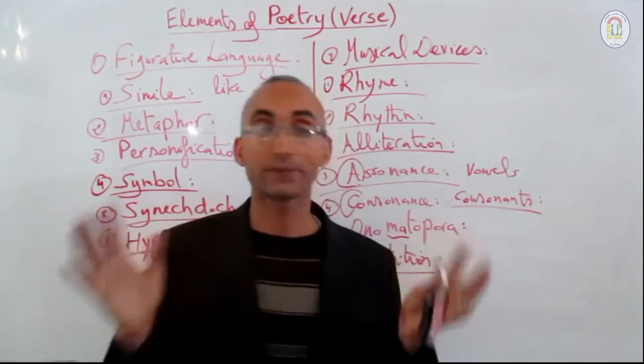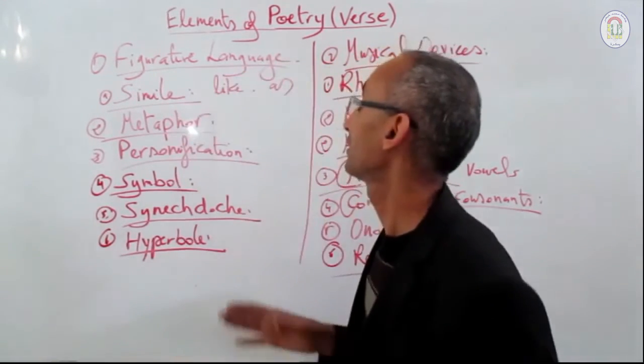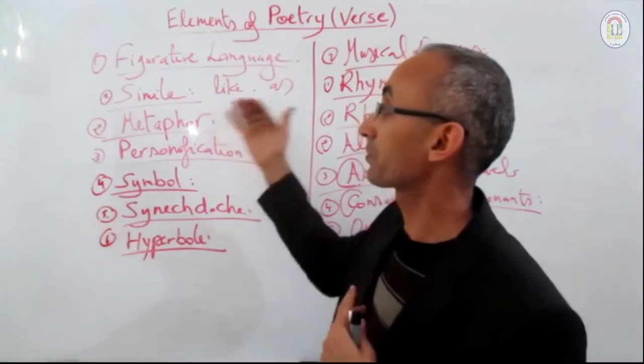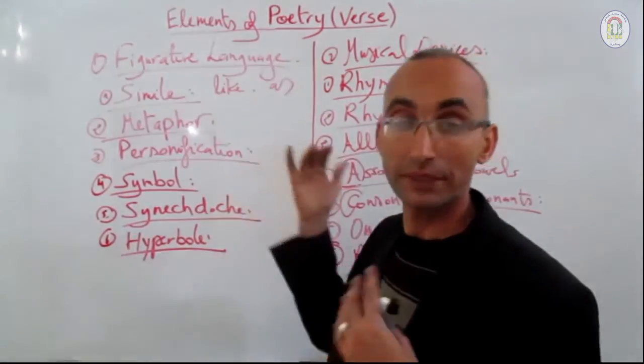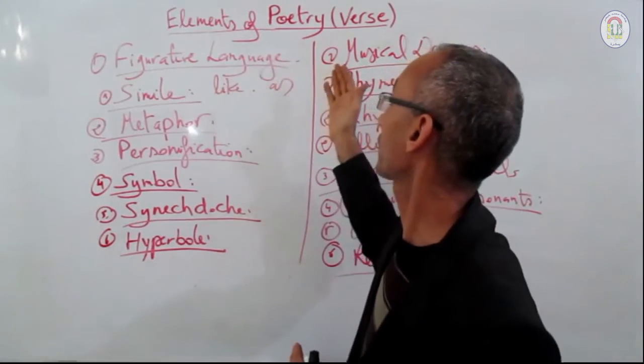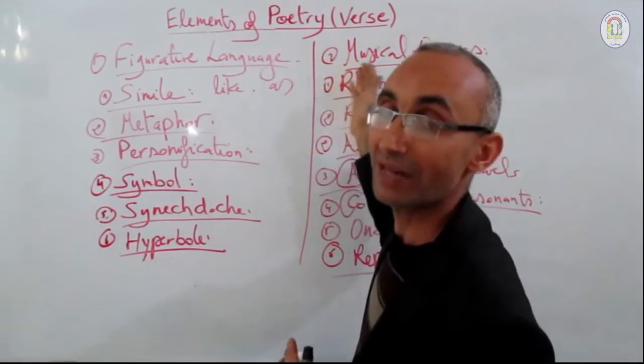So these are generally different devices and the two key features of poetry, which are the figurative language or figures of speech, and also the acoustic or the musical devices.